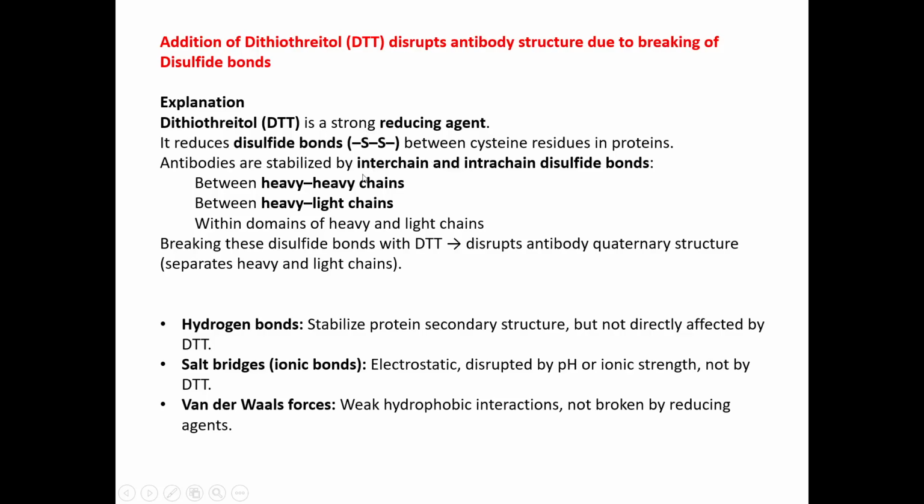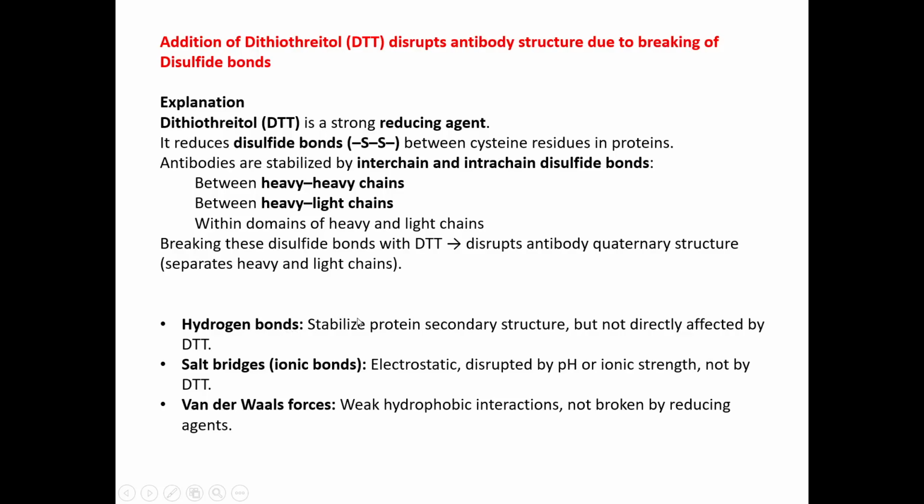So between the heavy chains we have disulfide bonds, between the heavy and light chains we have disulfide bonds, then within the domains of heavy and light chains also we have disulfide bonds. So breaking these disulfide bonds with DTT disrupts antibody quaternary structure and it then separates the heavy chains from the light chains. So others like hydrogen bonds are not affected by DTT.